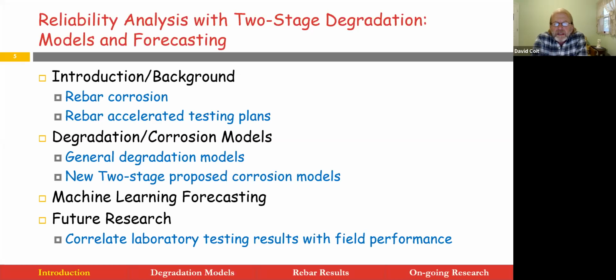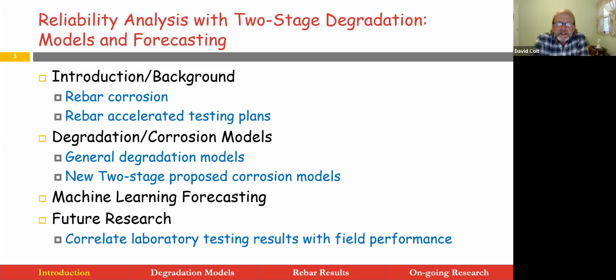Then we'll talk, and this is not a highly mathematical presentation. Glad to talk offline, somebody more interested in that. But then I'll talk about what I refer to as degradation models. Talk first just generally about degradation models, then more specifically a two-stage degradation model and how we applied the two-stage degradation model to the rebar data.